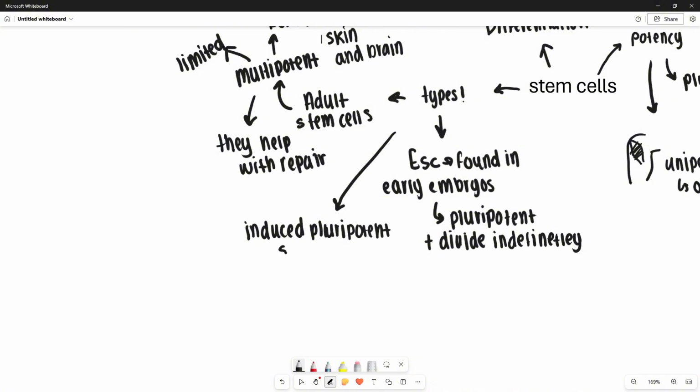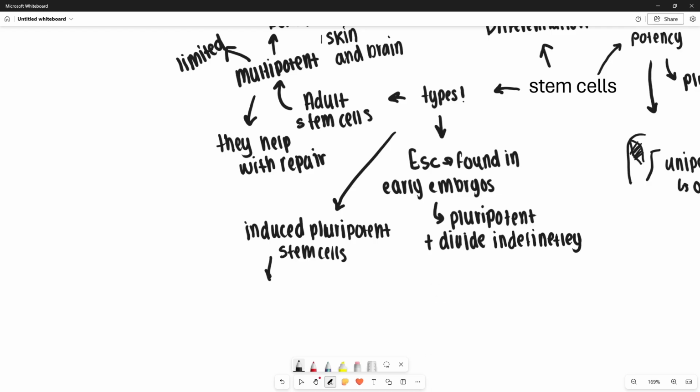Induced pluripotent stem cells is basically where scientists program ordinary adult cells by activating or inserting a gene to reverse it back into pluripotency. This is a more ethical manner of creating pluripotent stem cells for research, and it's a recent technology, only came out in recent years, and I think, in my opinion, it's pretty cool.